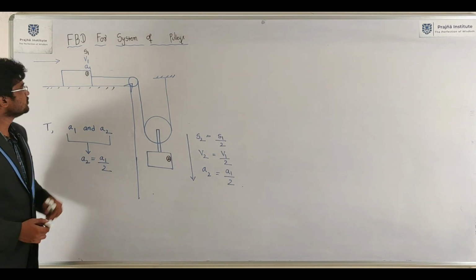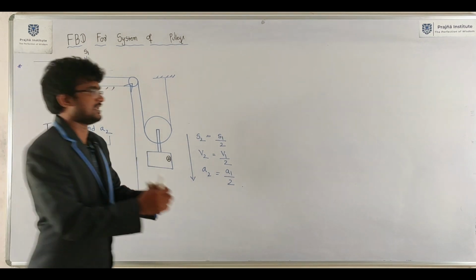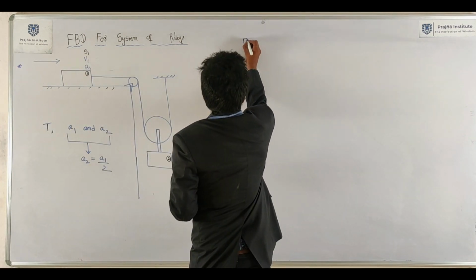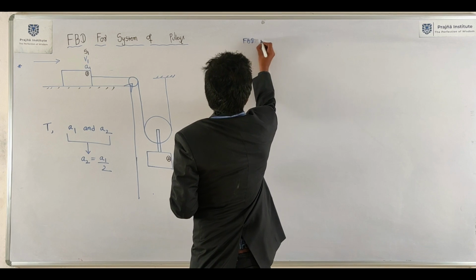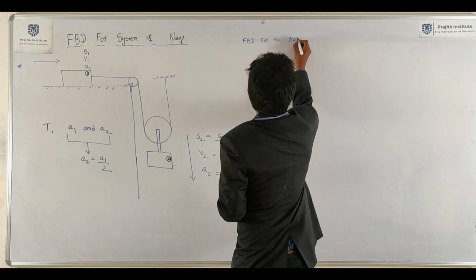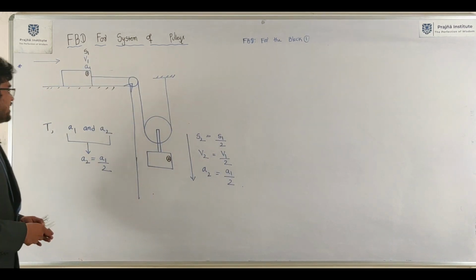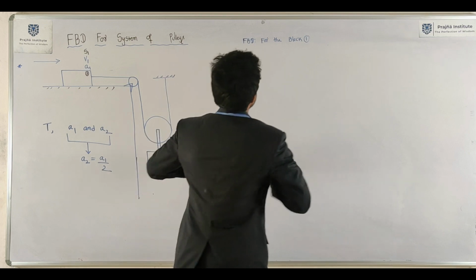The logic is we need to draw the free body diagram for block 1 and block 2 separately. Free body diagram for block 1. Now, it's very simple.